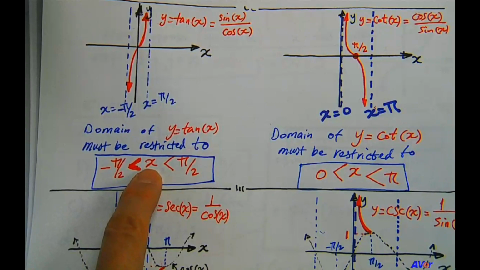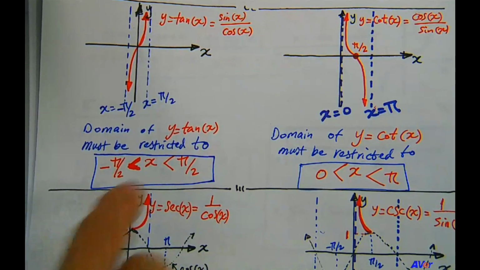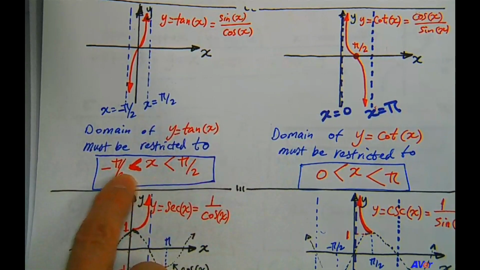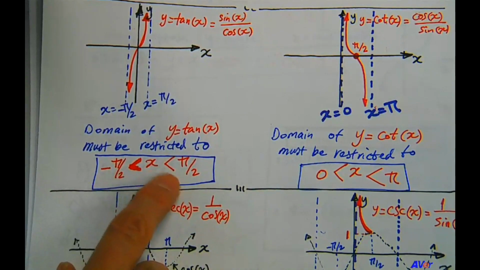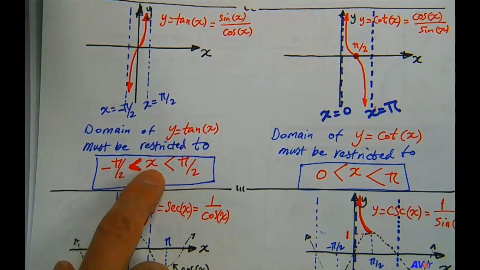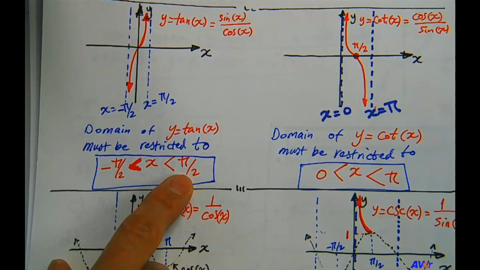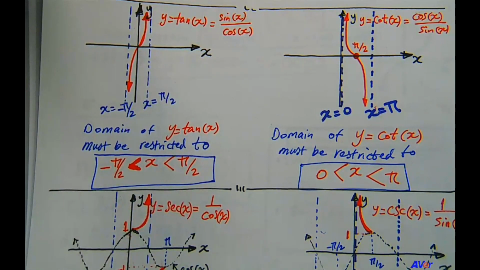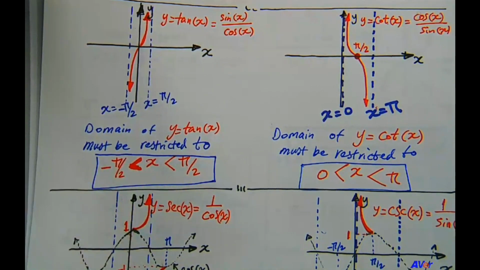Notice this is not like the sine function, where x is greater than or equal to negative pi over 2 and less than or equal to pi over 2. This is greater than negative pi over 2 and less than pi over 2. That's because tangent is sine divided by cosine, and the cosine function at those endpoints is 0, and we don't want to divide by 0.